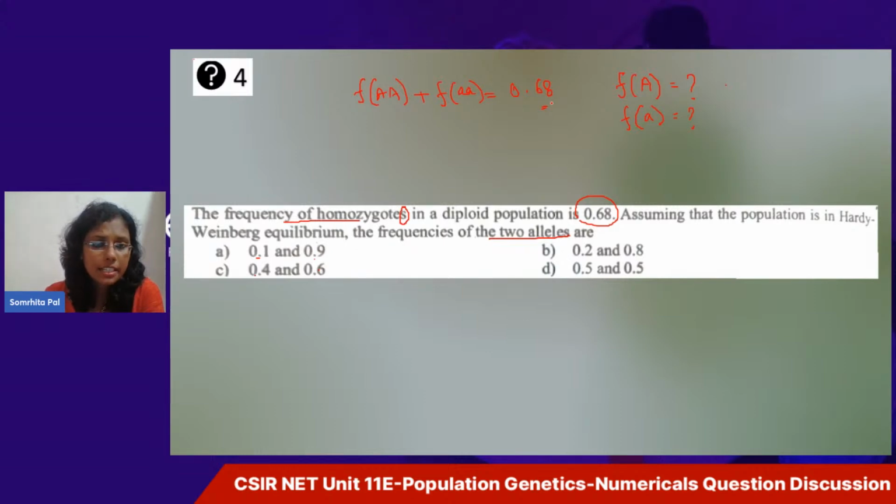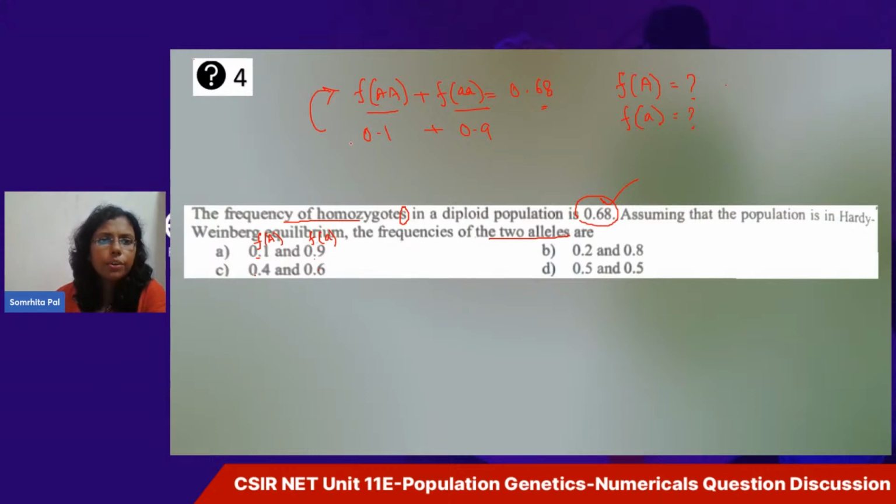Now, please be careful, even when you're doing the back calculation. Here, the frequency given is the allelic frequency, but this 0.68 is a genotypic frequency. So straight away, you can't put 0.1 plus 0.9 in this equation to see if you get 0.68. No, you can't do that.